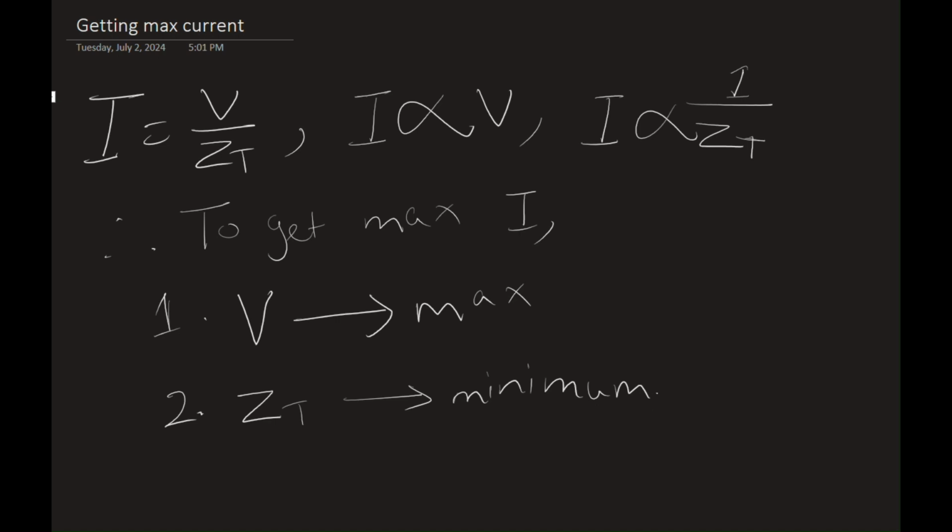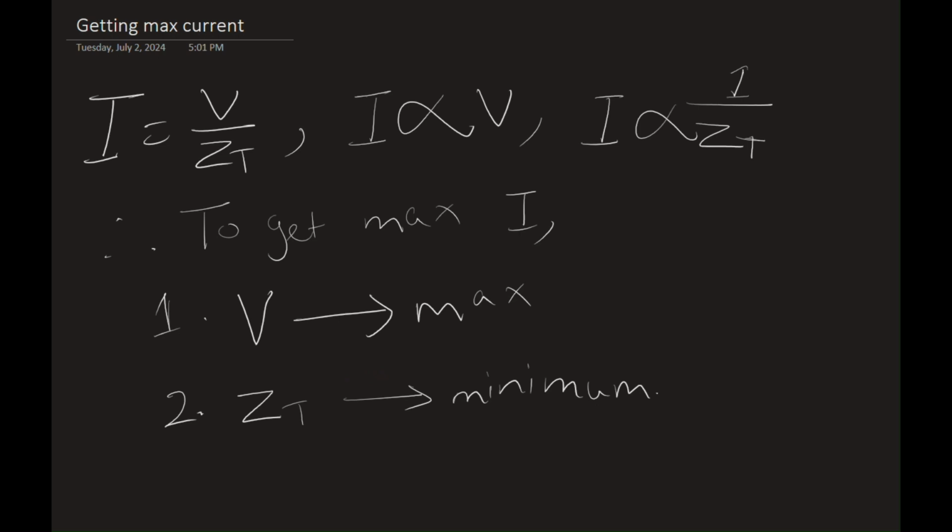Since I is equal to V over ZT, I is proportional to V, and I is inversely proportional to ZT. So to get maximum output, we could increase the voltage to maximum, or we could bring the impedance down to minimum. Now, increasing the voltage to maximum would be very expensive and so inefficient. However, decreasing impedance to minimum is much more feasible, and so we choose that route.